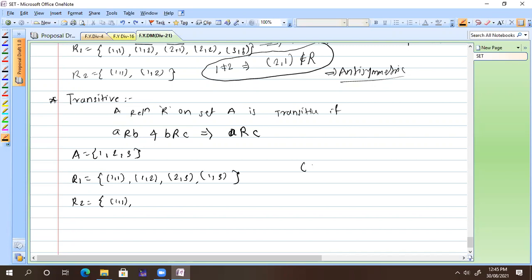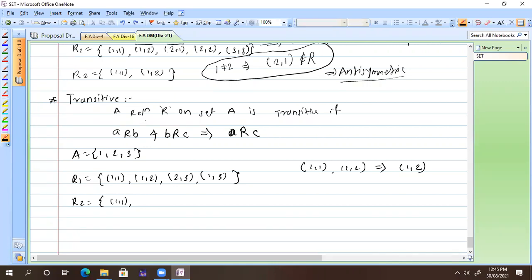If A is related to B and B is related to C, then we want A related to C. We have (1, 1), (1, 2), but we don't have (2, 1). A is related to B, B is related to C, so what I want is 1 related to 2, I don't want 2 related to 1. A to B, B to C, then I have A to C, not C to A.